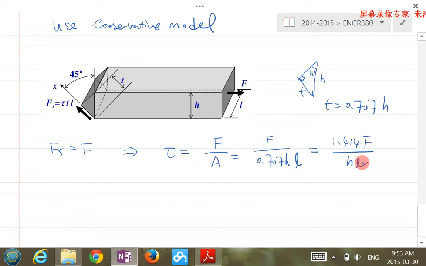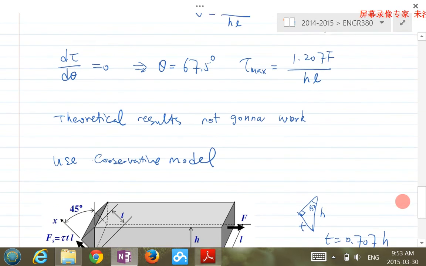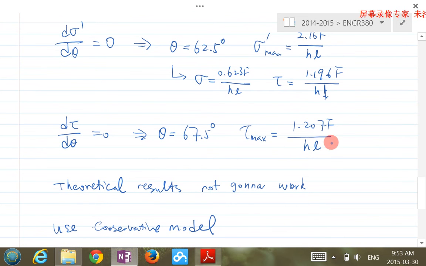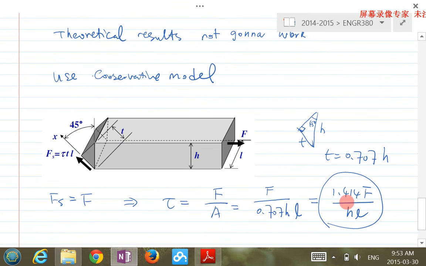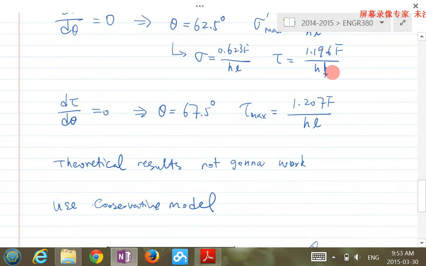That makes sense? So now you can sort of guess why this is conservative. If you look at this value with the two shear stresses that we just calculated, which one's bigger? They all have the same F over HL.